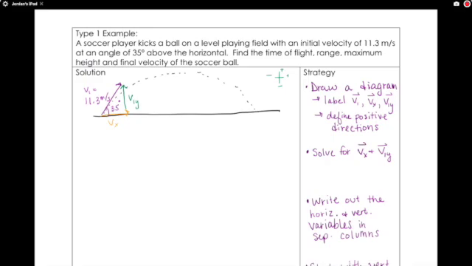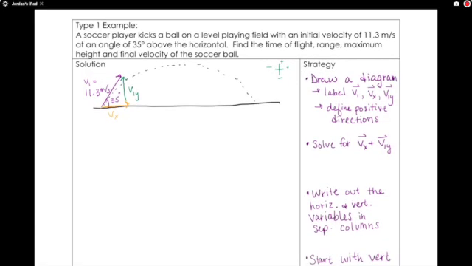Okay, so the first strategy in order to solve this is to draw a diagram. I would suggest that you always draw a diagram just so that you know exactly what you're trying to find. I already went ahead and drew my diagram, and I labeled my initial velocity, which is the purple arrow, 11.3 meters per second, at 35 degrees above the horizontal, so I put that angle in there as well.